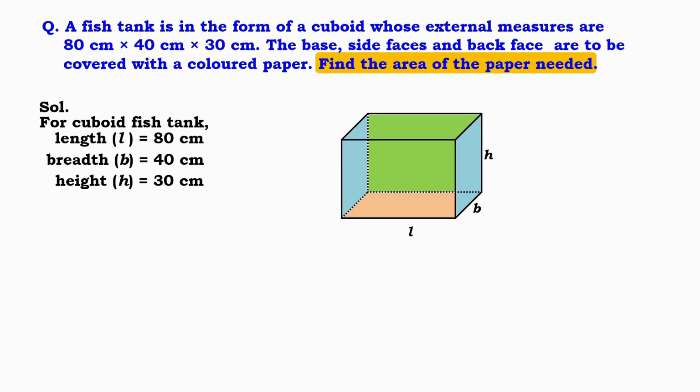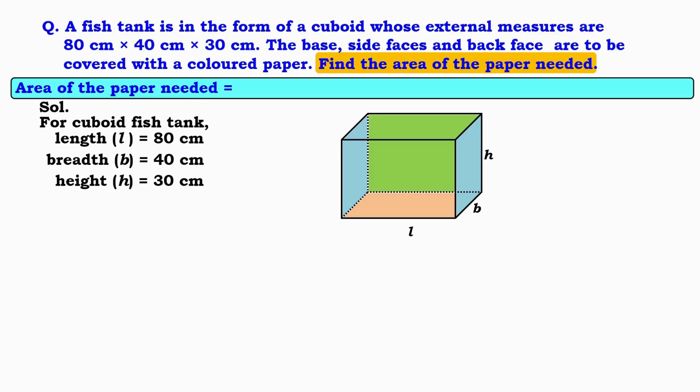So now the area of the paper needed will be equal to the area of the base, that is the pink one. Then the area of the two side faces, whichever currently is blinking. And finally the back face, that is the green one, which is currently blinking.